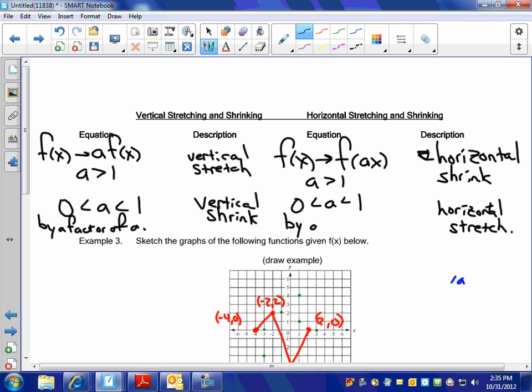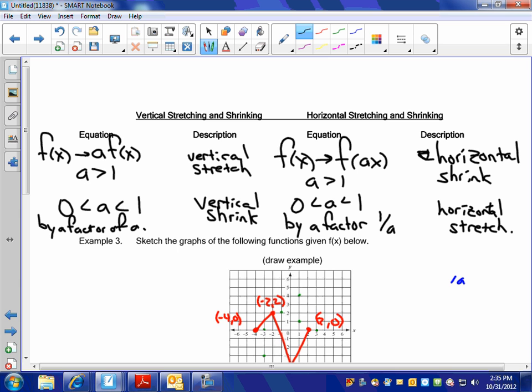And this time it's by a factor of not a, but 1 over a. So anytime you have something happening on the inside, horizontal, it's different than what you think, and it's a little bit more complicated. But we'll practice this, and you'll be very good at it.